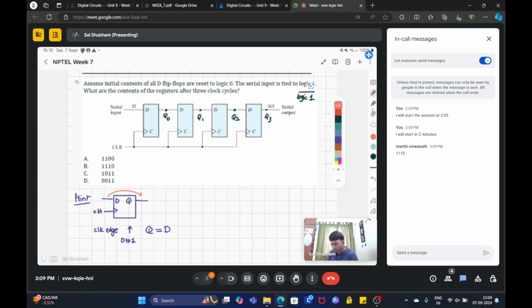Today the topics that I am going to cover are basic flops questions and some counters, finite state machines, and probably I will cover some topics of static time analysis.